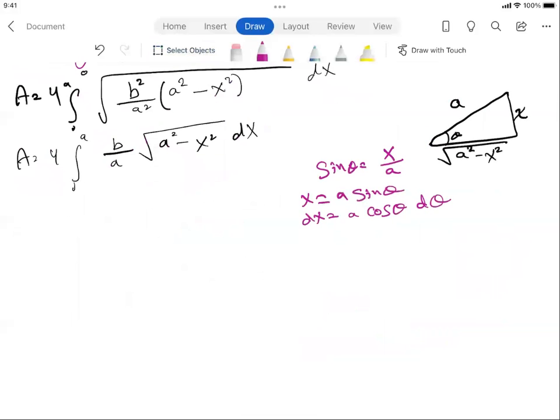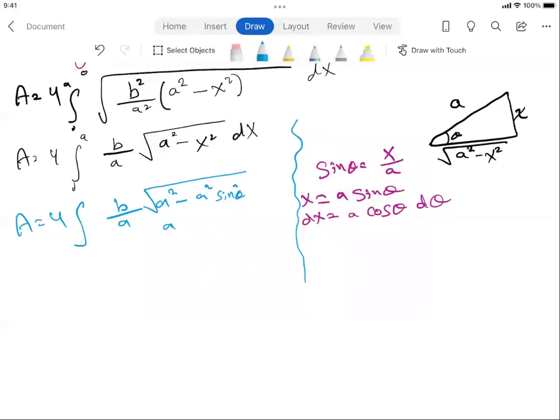Then my integral will become b over a, integral of the square root of a square minus x square, which is a square sine square of theta. Let's draw just this line here. And dx simply would be a cosine of theta d theta.